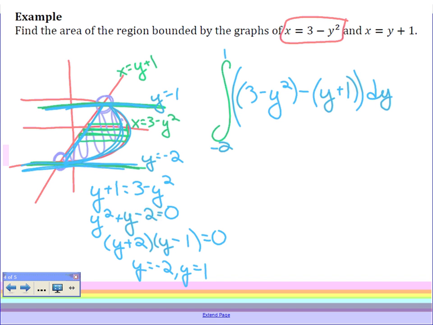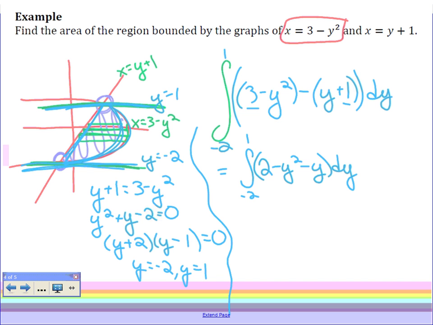Okay. Just like before, I'm just going to integrate the function. I can simplify this first because I have two constants here, so negative 2 to 1. 3 minus 1 is 2. So I have 2 minus y squared minus y dy, and I get 2y, right?